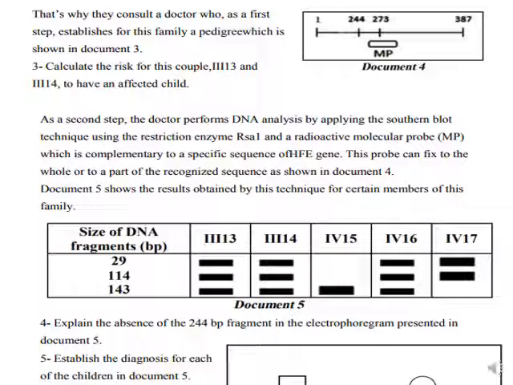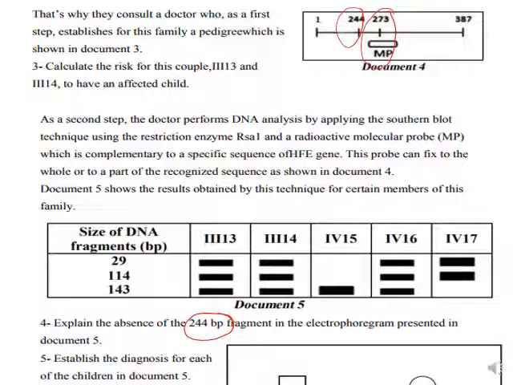Thus we have the 244 fragment, which is not hybridized, so it will not appear in the electrophorogram. That's why this one does not appear, since it's not hybridized to the molecular probe.